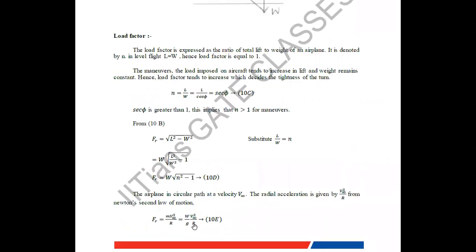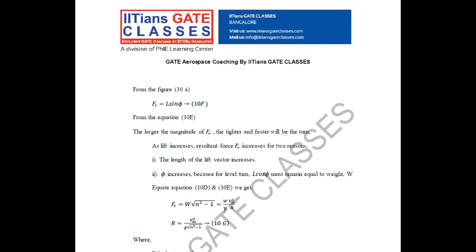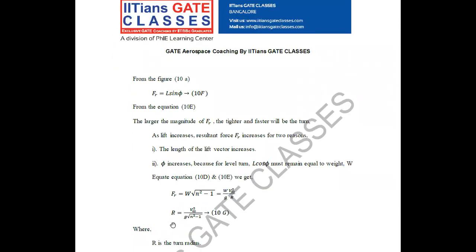When we equate these two equations, W into root of n square minus 1 equals W by g into v square by r. From that, we can write the radius of turn as r equals v square by g into root of n square minus 1.